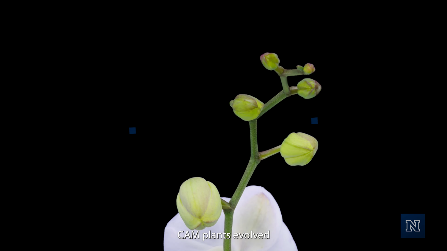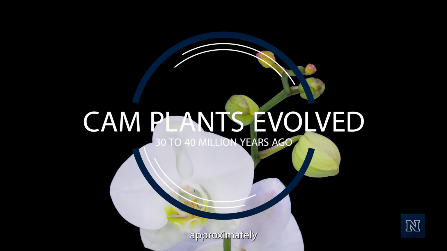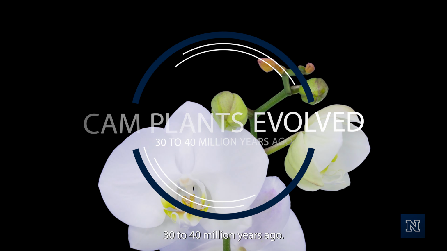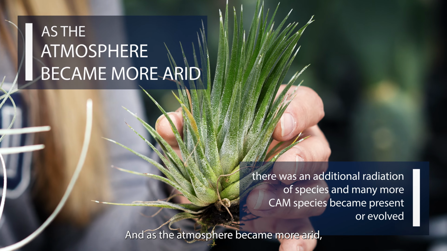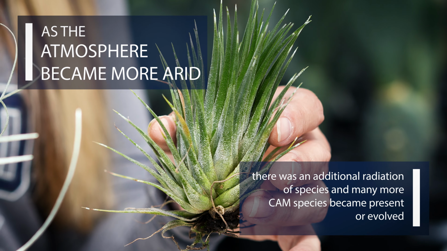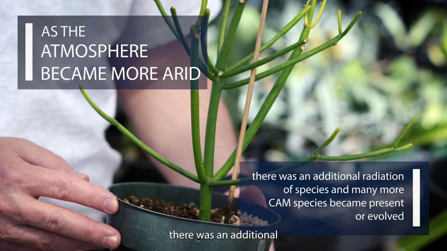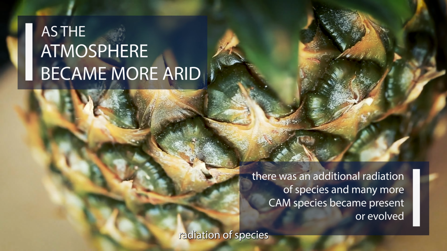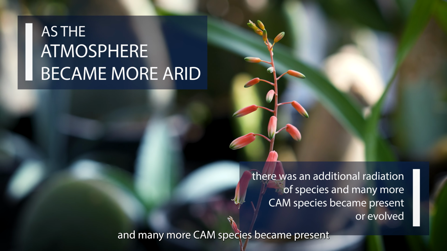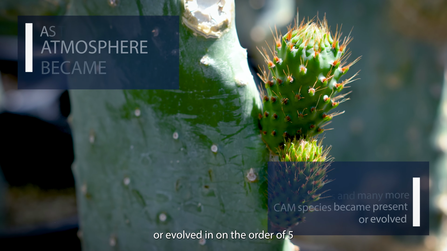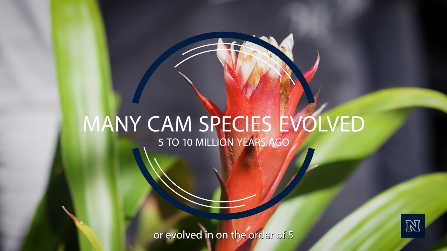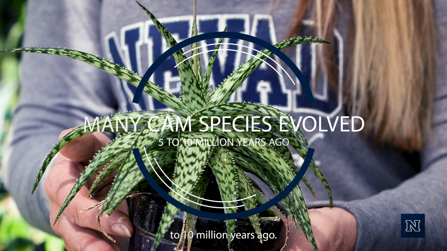CAM plants evolved approximately 30 to 40 million years ago. And as the atmosphere became more arid, there was an additional radiation of species, and many more CAM species evolved on the order of 5 to 10 million years ago.